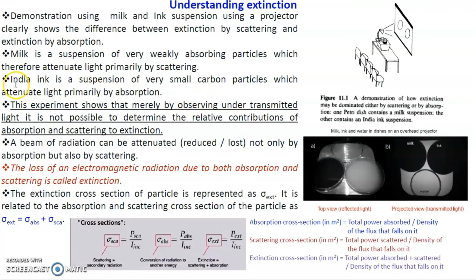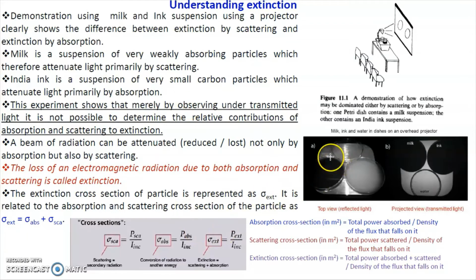But if you take India ink, a normal ink whose scientific name is India ink, it is a suspension of very small carbon particles which attenuate light primarily by absorption. Now you are all aware that if you take carbon powder, its color is black. Why is it black? Because light is getting absorbed by these carbon particles.